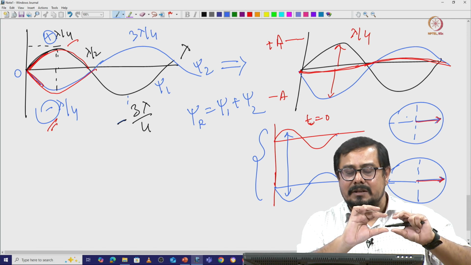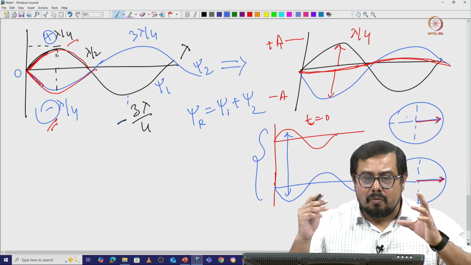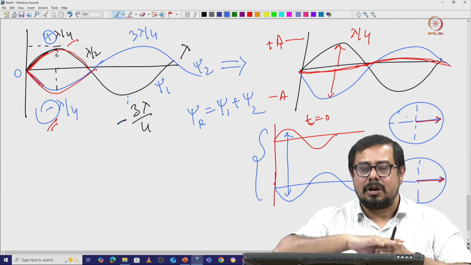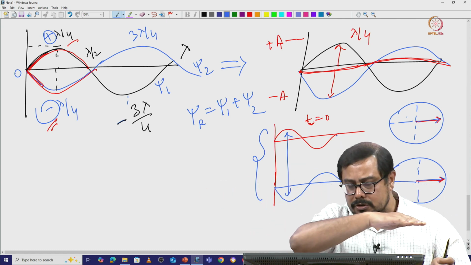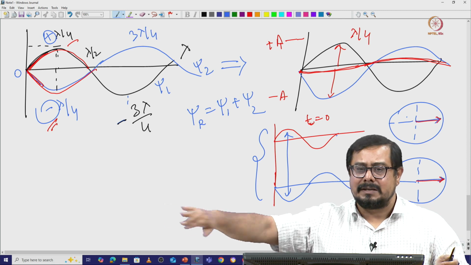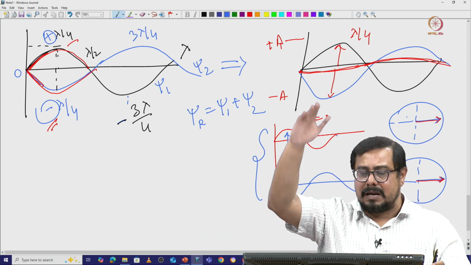Even if there are smaller amplitude waves, we cannot see those small waves propagating in this x direction, we can see only the resultant wave.